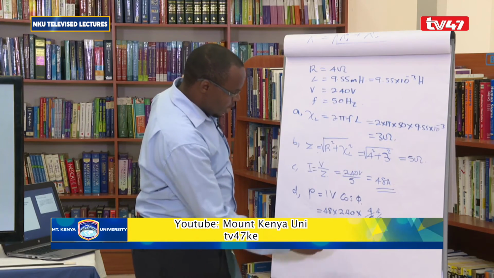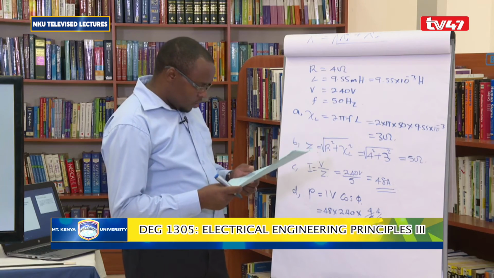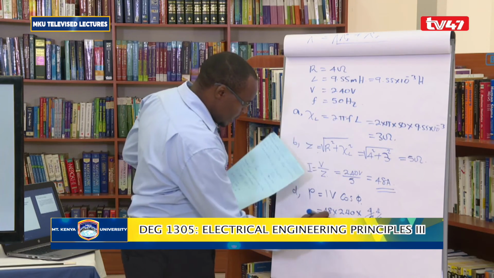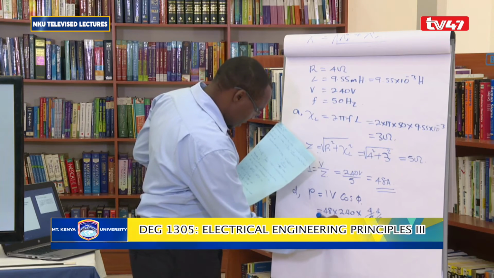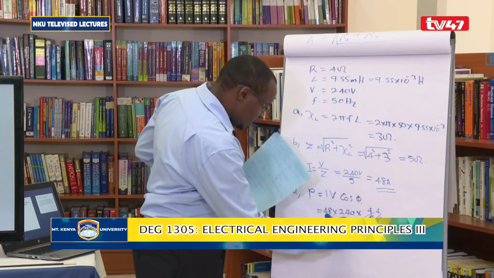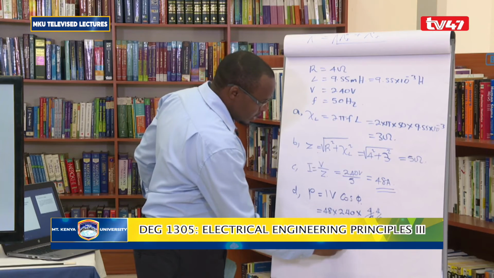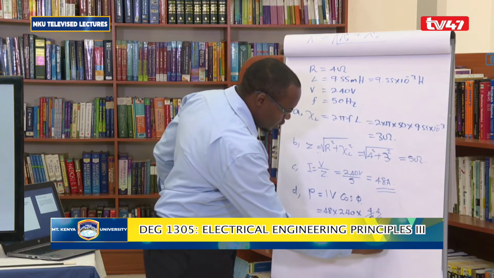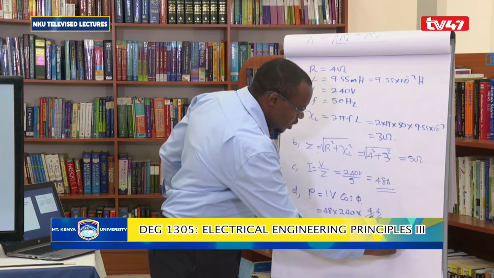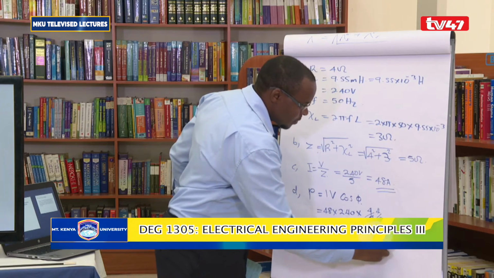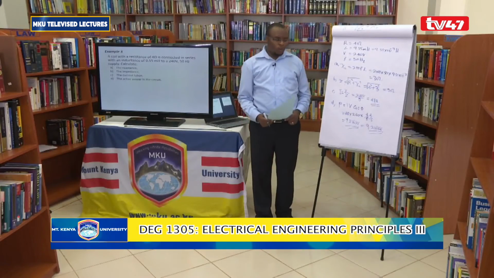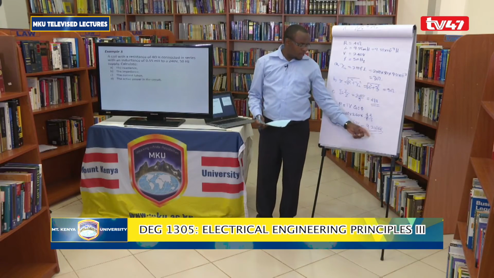And the answer you are going to get here is 9,216 watts. Or simply, this can be written as 9.216 kilowatts. In terms of thousands, we use K to refer to 1,000.